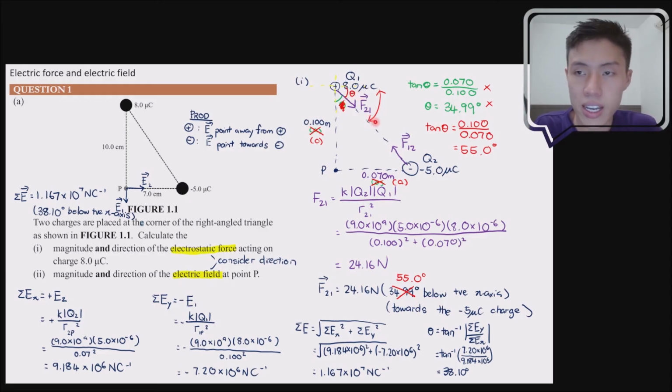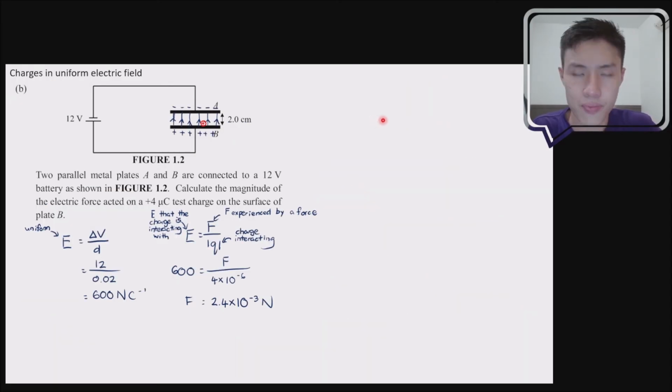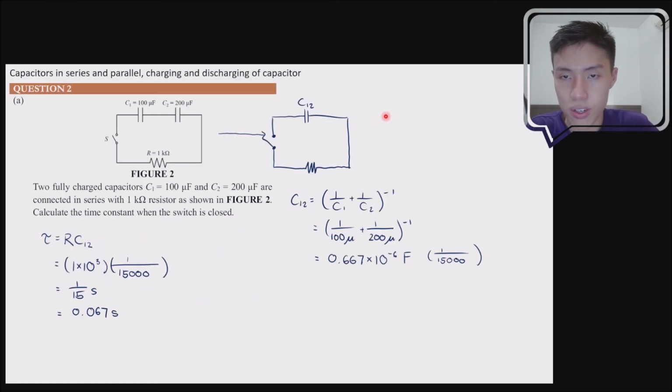Okay, the next mistake that I made is in which question? This question over here. In question 2, I have already calculated the effective capacitance or the equivalent capacitance that I substitute inside this equation to find the time constant, right? Everything here is fine, the calculation is correct, but the answer over here is incorrect, okay? I accidentally moved my decimal place in the wrong direction.